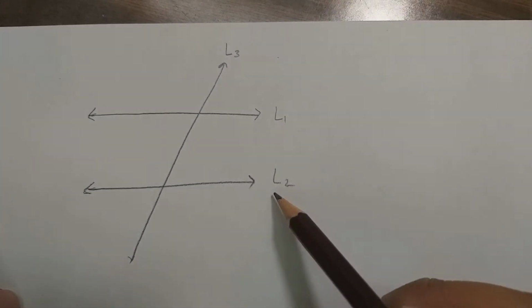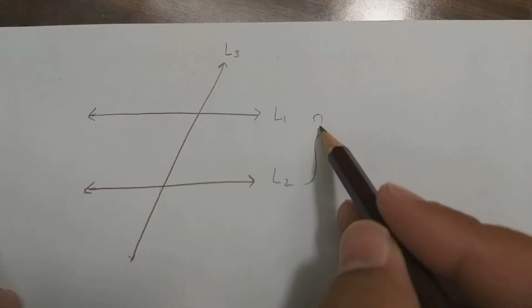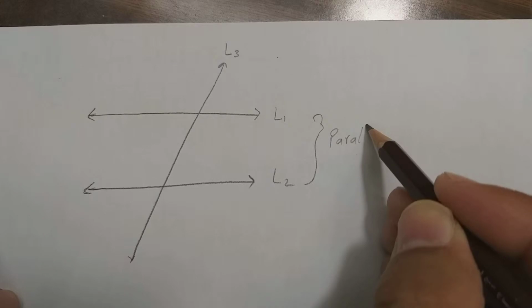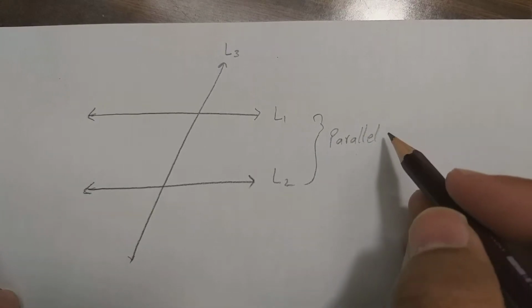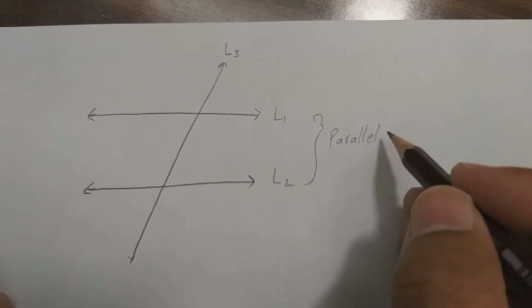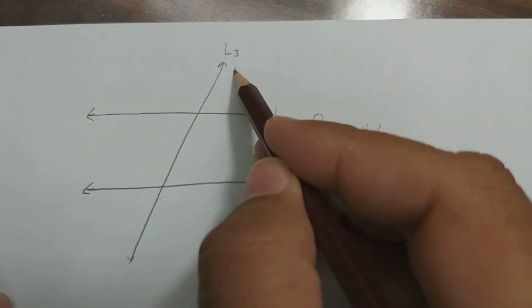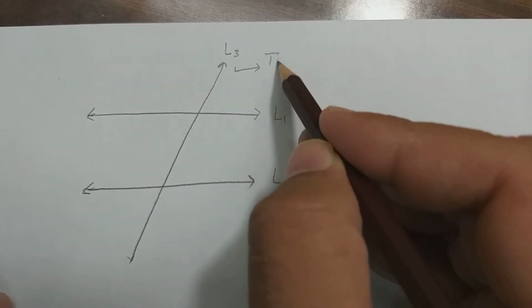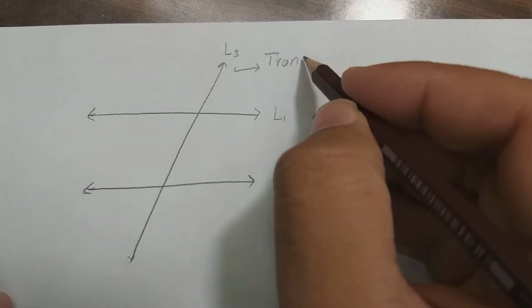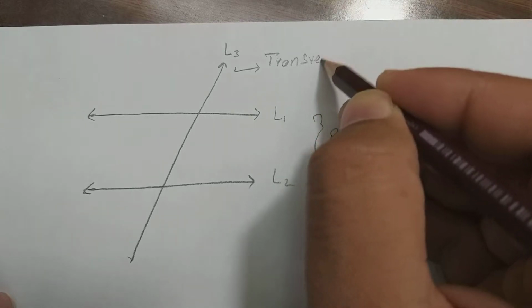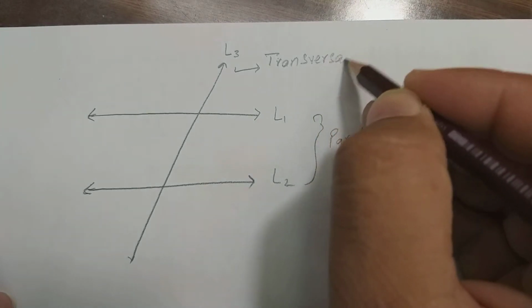So L1 and L2 are the parallel lines, and L3 is the transversal line.